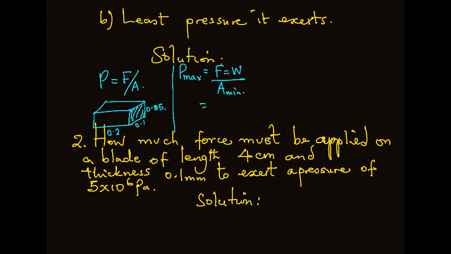So the weight in this case is 0.5 kilograms multiplied by 10, since weight is given by mass times g as discussed earlier, divided by the minimum area, which is 0.1 multiplied by 0.05.